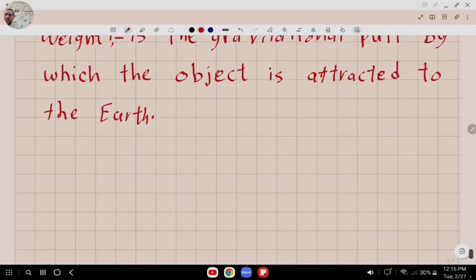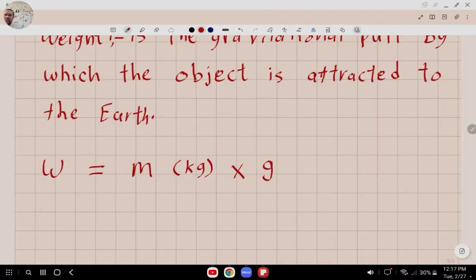The rule of the weight at any place, at any planet, at any celestial body: weight equals mass in kilogram times the gravitational pull of the planet.